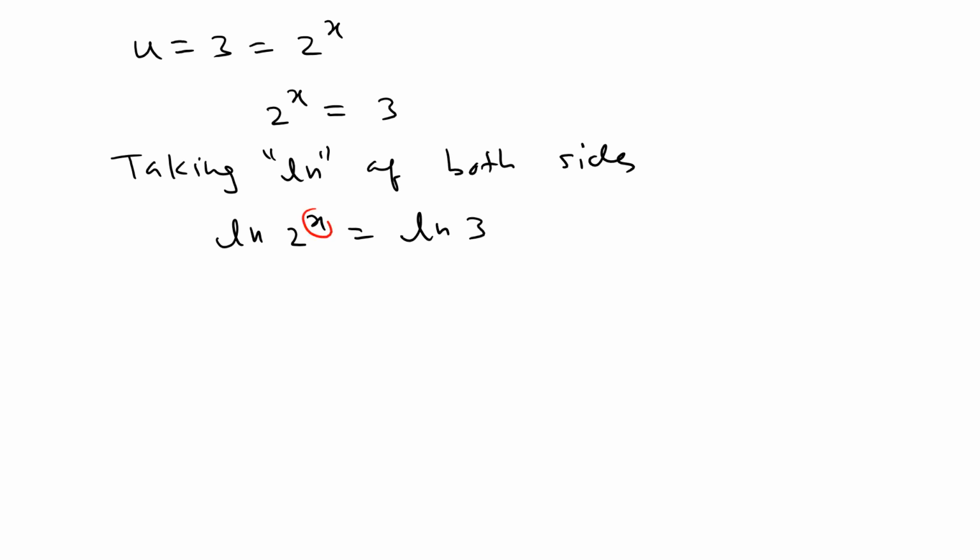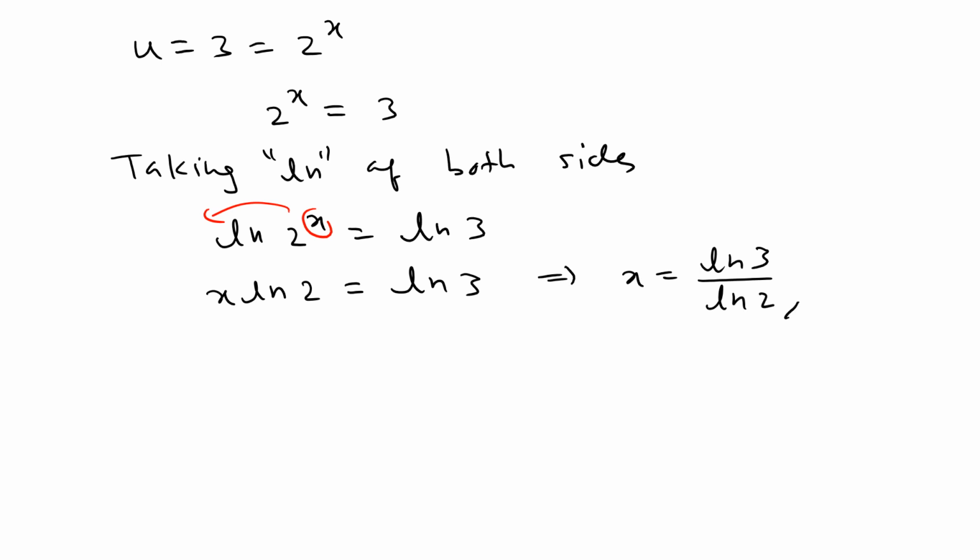The power comes out, so we can write it as a product: x ln 2 equals ln 3. This says that x equals ln 3 divided by ln 2. So that is the solution.